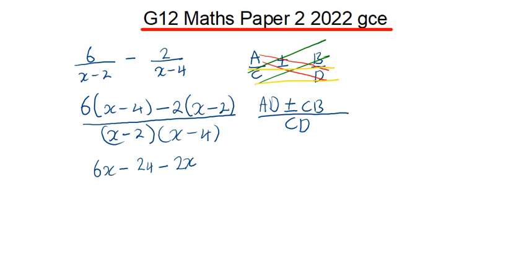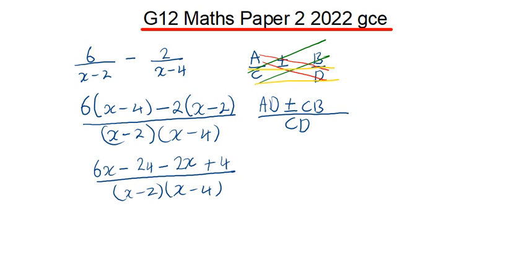Then here you're going to say 2 multiplied by 2, that would be 4. So now the question is, is it positive 4 or negative 4? If you observe, you have a negative here and you have a negative. Negative times negative becomes what? Becomes positive. Okay, so divide by x minus 2 and x minus 4, like that.